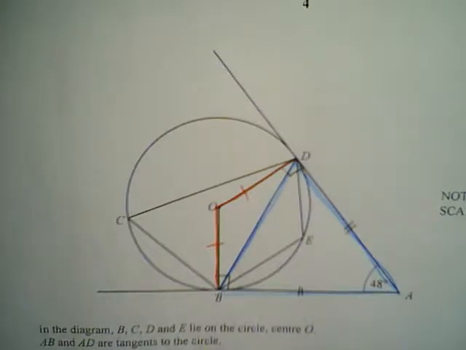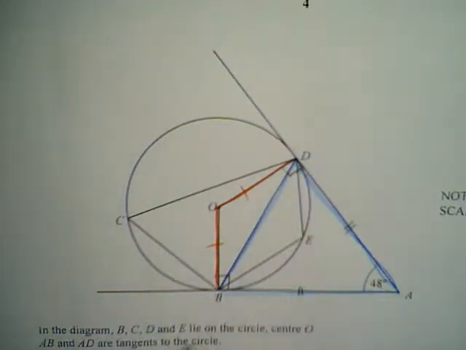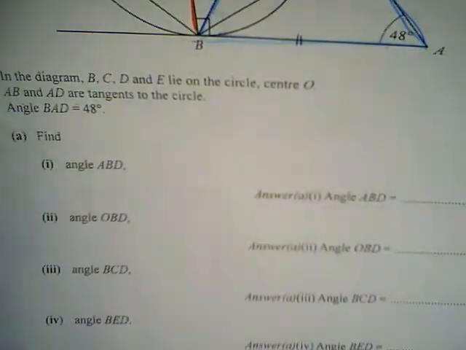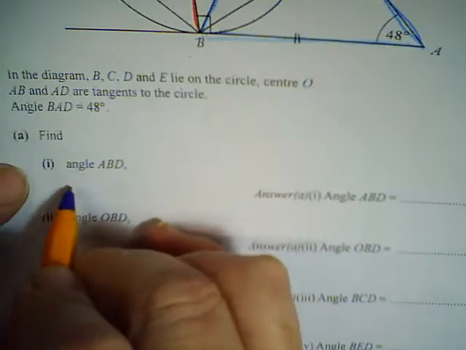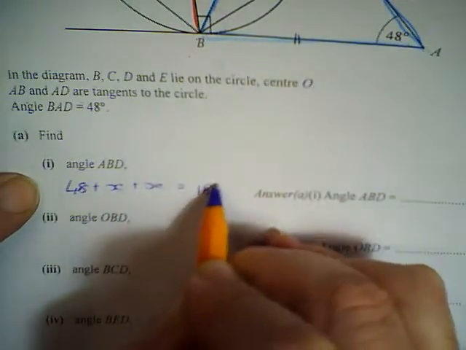Okay, good. So I'm ready and steady to go. This angle over there and that angle would be equal to one another. So we would have 48 plus 2x would be equal to 180.